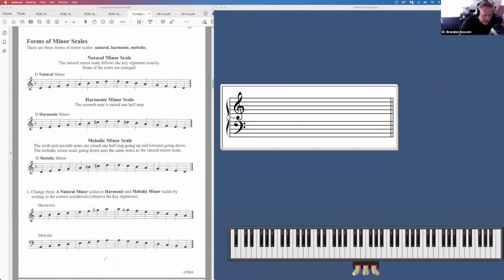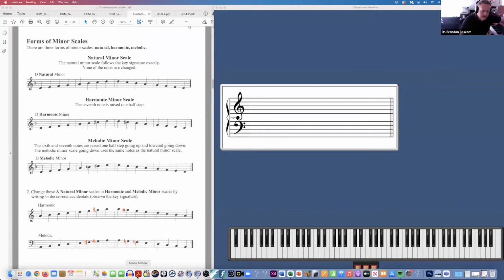For melodic, remember, we have to raise scale degree 6 and 7, going up. And it is just natural minor going down. So we lower from what we raised, just to be natural here on the descending scale.